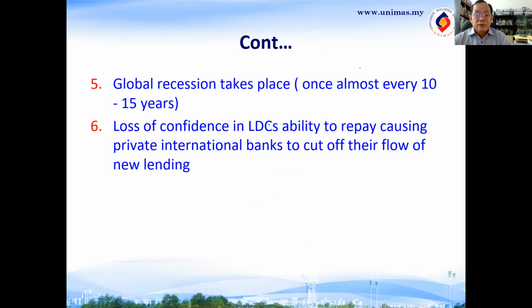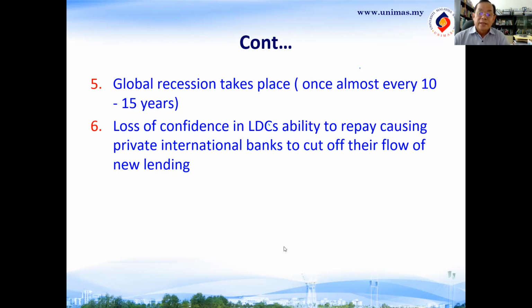And as I said just now, the international banks, because of the inability of the less developed countries to service the payment, to pay the loan previously, they feel there is a loss of confidence in the ability of less developed countries to repay the loans.